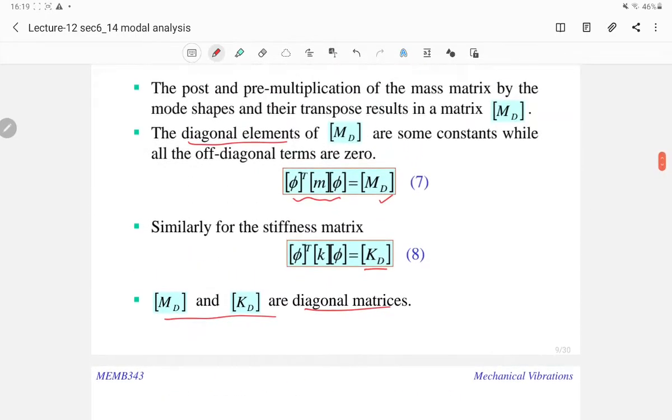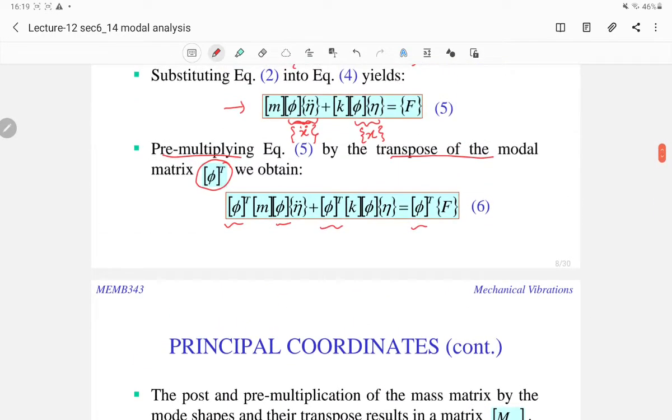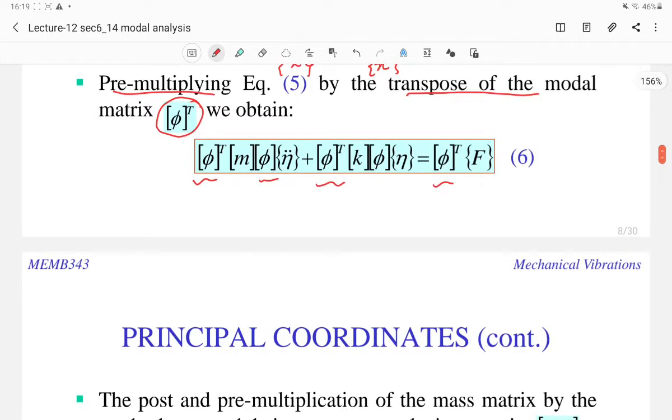From equation 6, this whole thing is the new diagonal matrix for mass, and this whole thing now becomes your K. This is according to the properties of how you get a diagonal matrix by pre-multiplying with the transpose and post-multiplying with the original matrix.